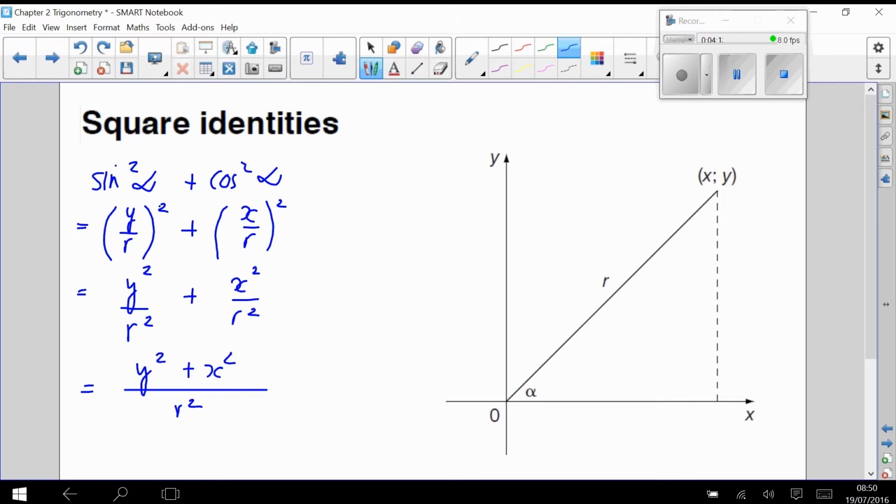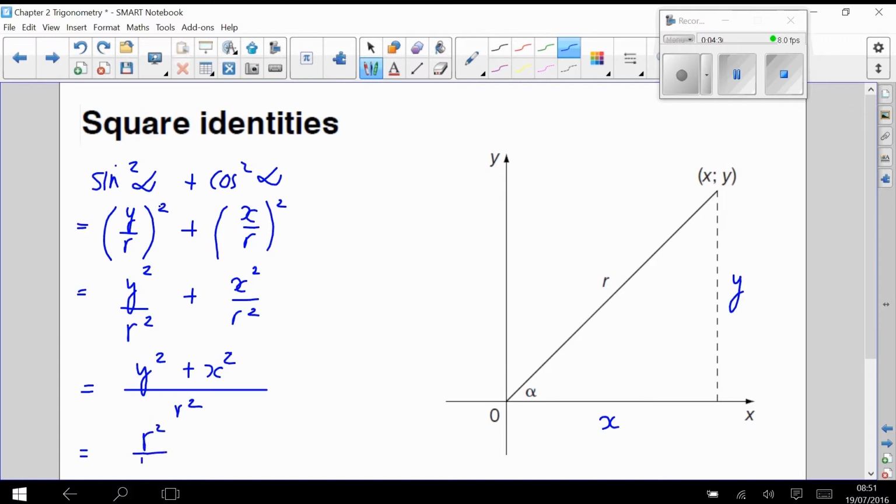And you should know that y squared represents the vertical distance squared. X squared represents the horizontal distance squared. And if I take the vertical distance squared added to the horizontal distance squared, that is the same as the radius squared.